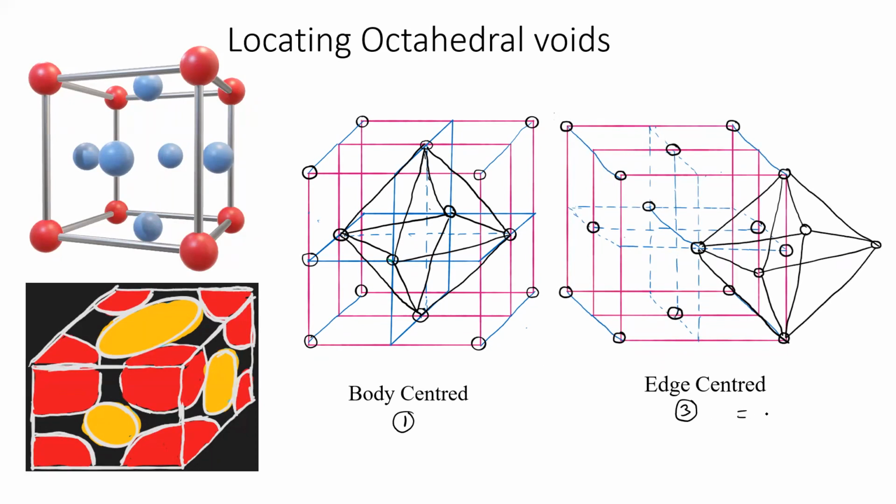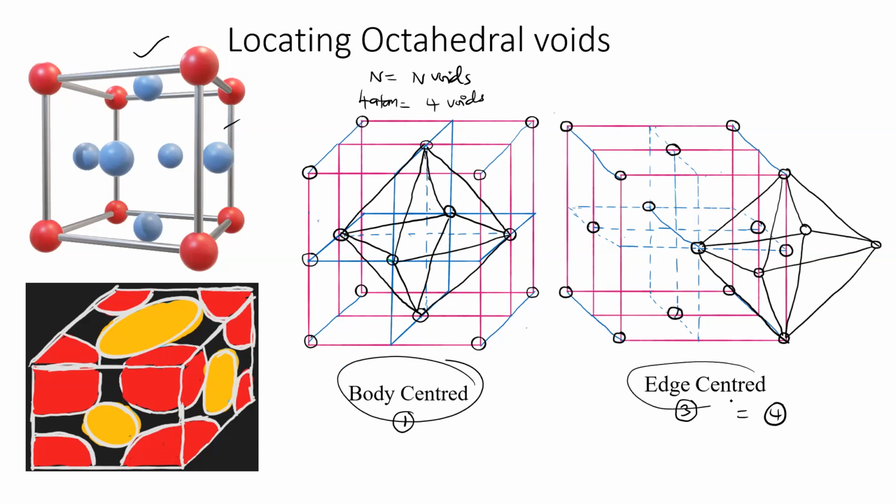Total number of voids is 4. If n atoms are there, n voids are there. Here for this unit cell, 4 atoms are there, so it gives 4 voids: 1 from body center, another 3 from edge centers. Let us check how it comes.